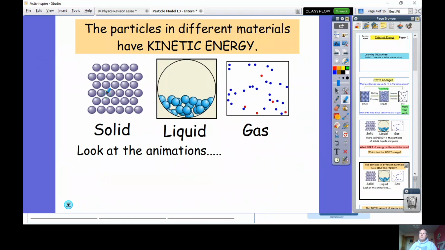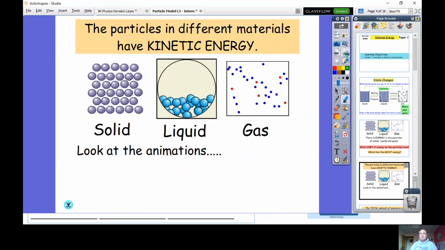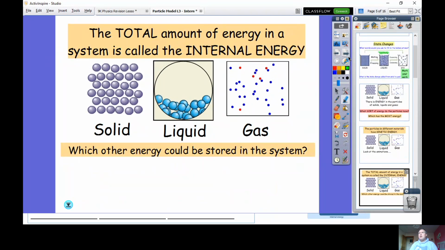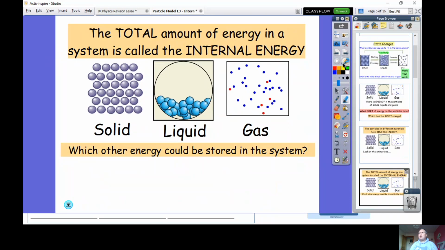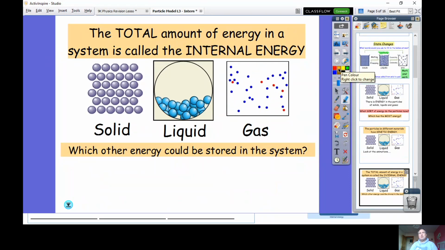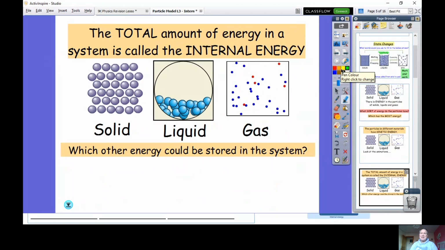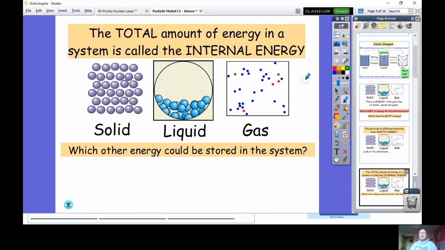But there is another sort of energy stored in solids, liquids and gases that's harder to imagine. The total amount of energy in a solid, a liquid or a gas is called its internal energy. But the kinetic energy is only a part of that. What is the other part?